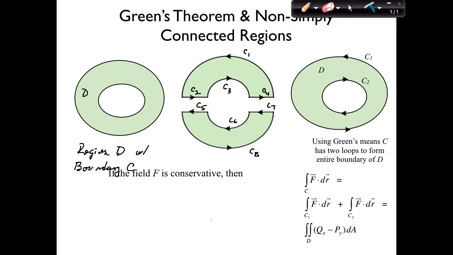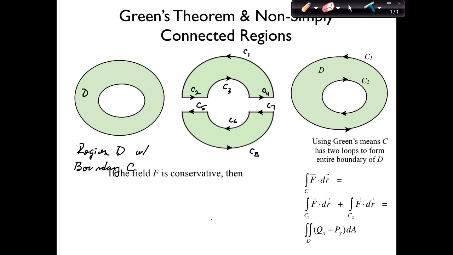What do you think? So each are equal to 0. Is that true? The sum of them has to be 0.